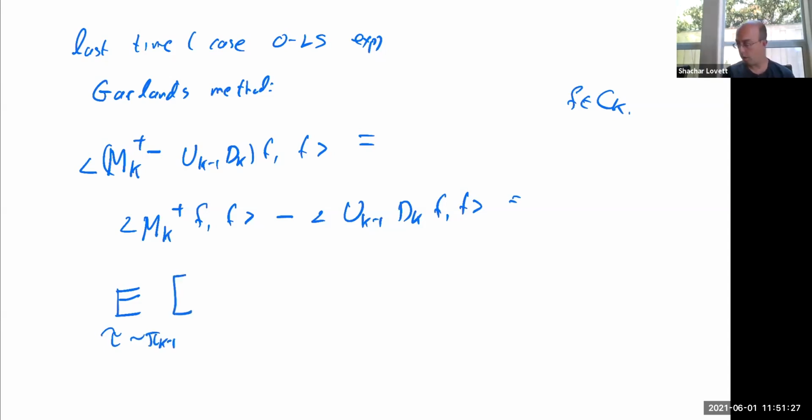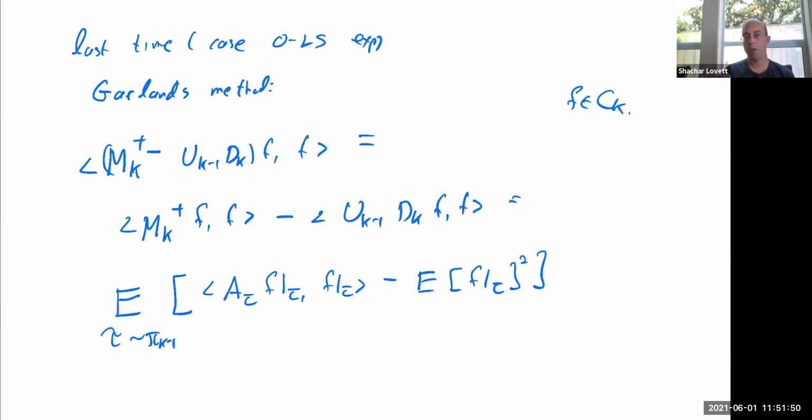the two things. Just to remind you, it was a tau, f tau minus the expectation of f tau squared. We're just applying Garland's method that we saw already several times.